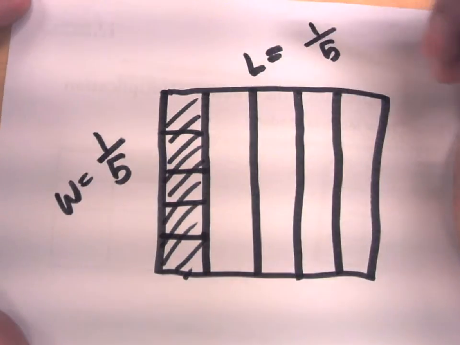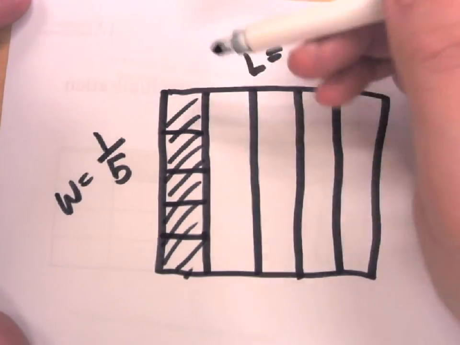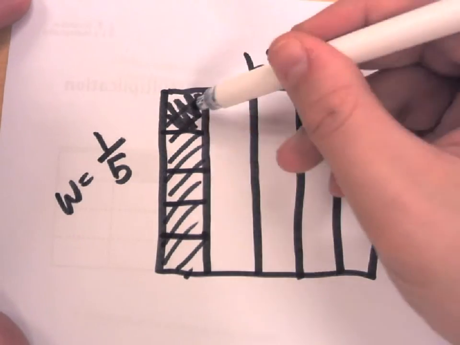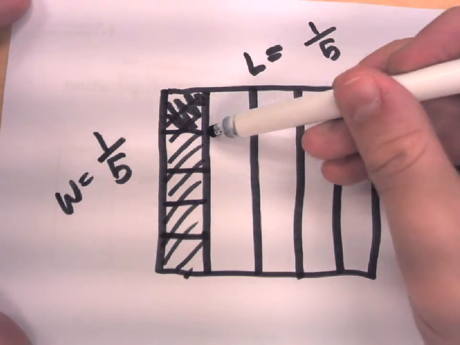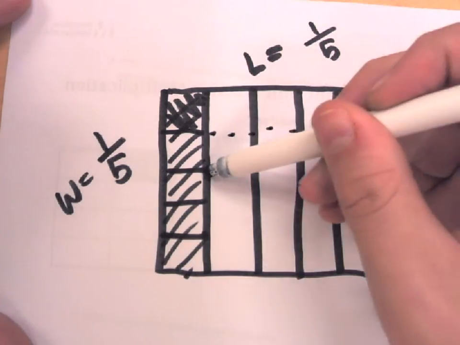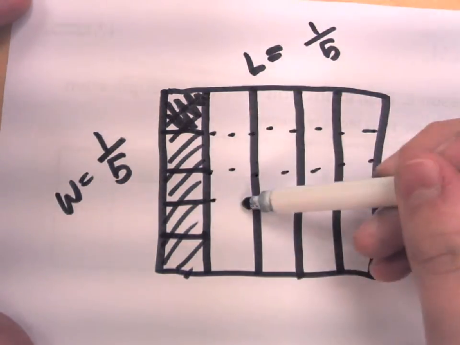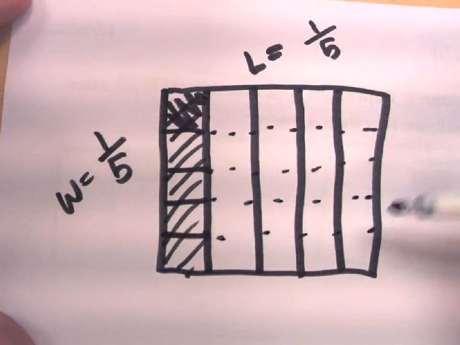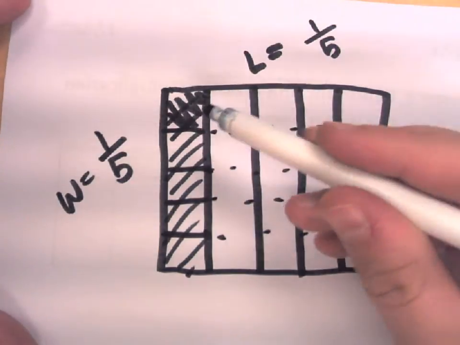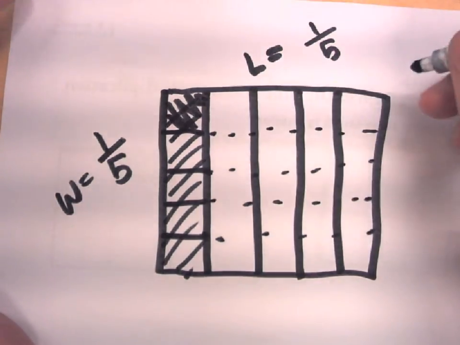This would be the same thing as finding 1/5 of the 1/5. Students could extend these partitions and recognize that the area here would be equal to 1 out of 25 equal pieces.